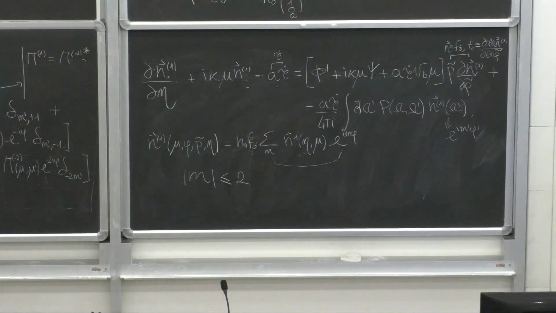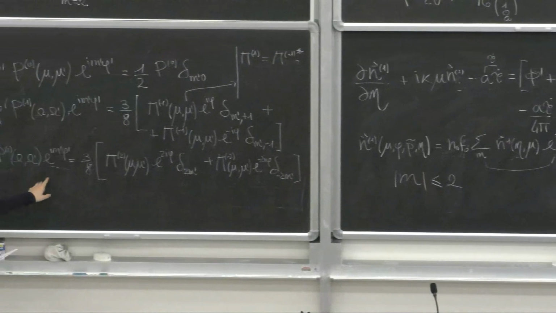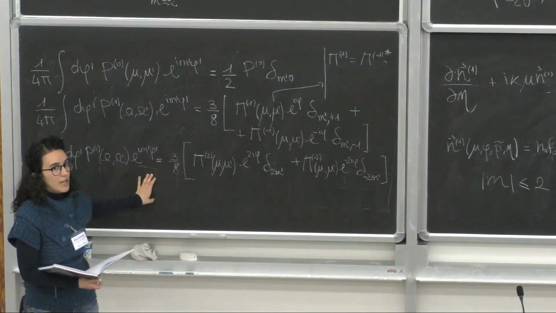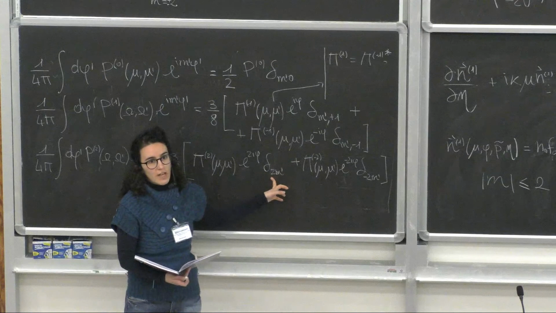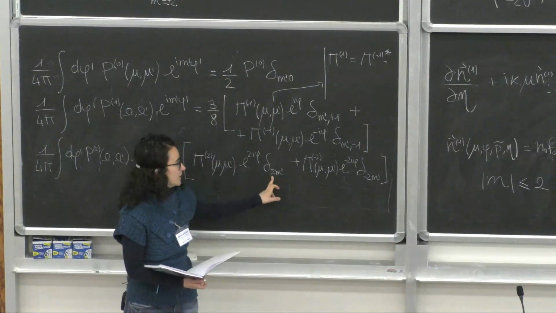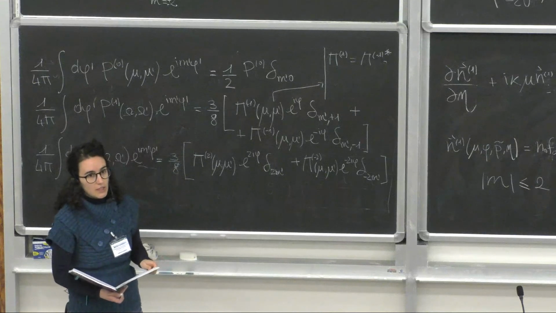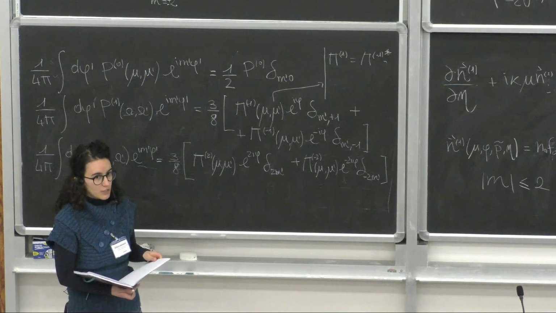Because all the others, once we perform the phi integration of the different pieces of the scattering matrix times the m prime dependent factor, will just vanish because of the delta between m prime and the coefficients that come from the expansion of the scattering matrix.